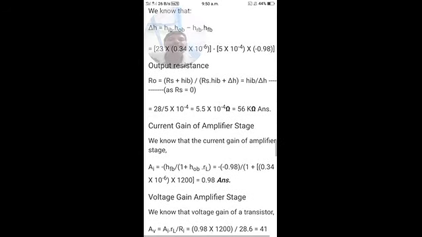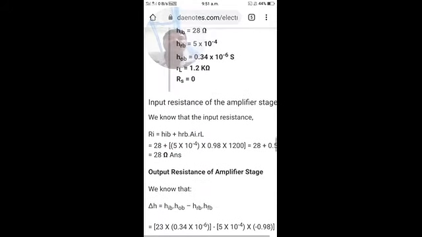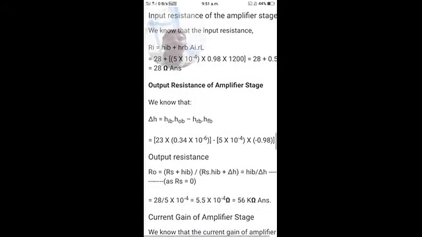We will start with the current gain of the amplifier. AI is minus HFB by 1 plus HOB into RL. Substituting HFB and HOB, here RL is given 1.2 kilo ohms.